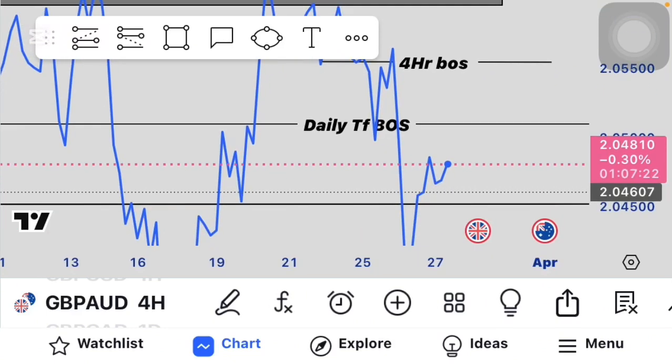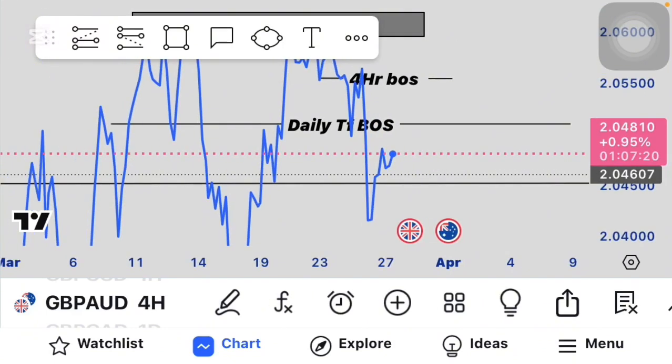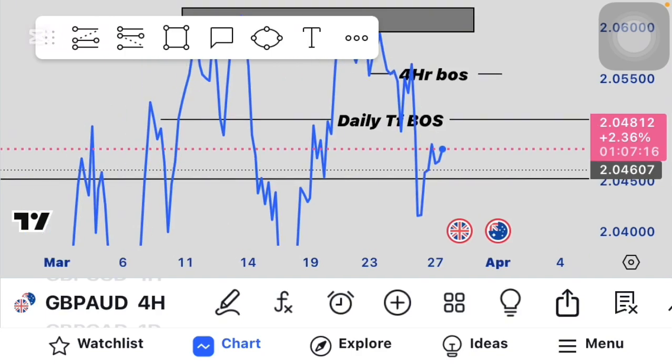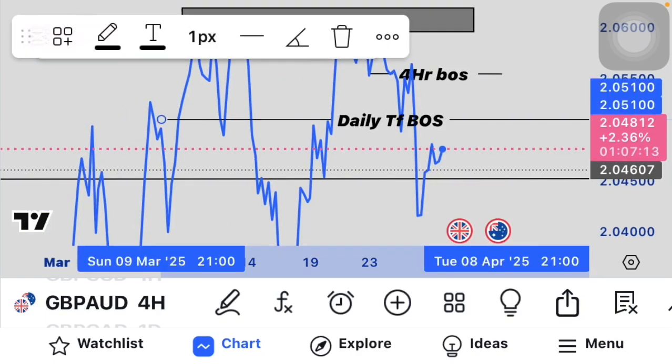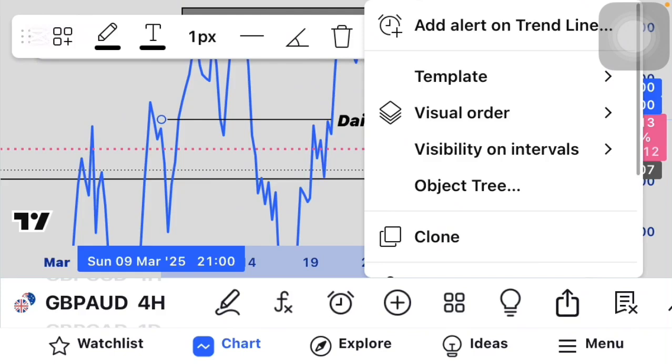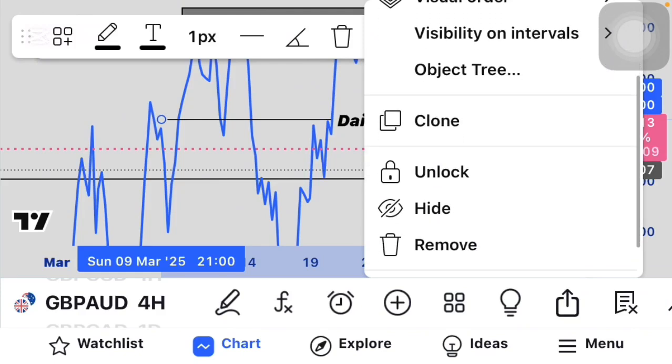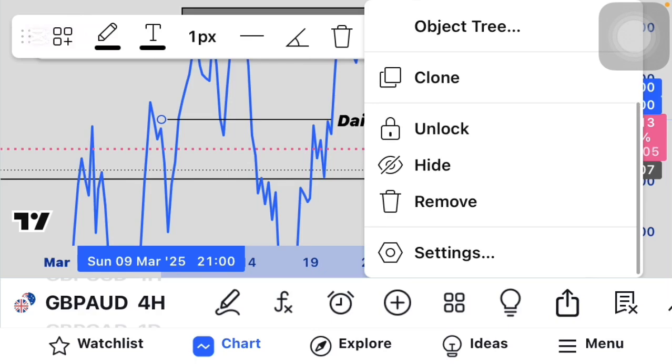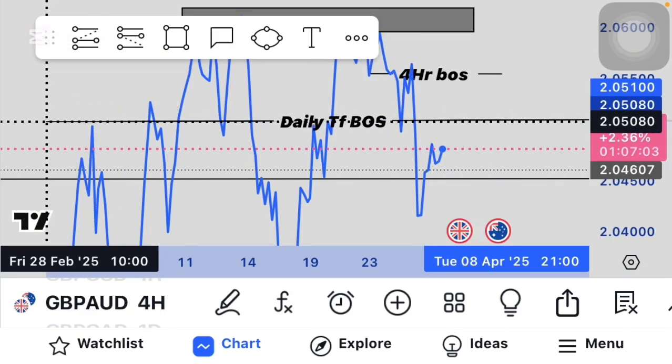So I am looking for my point of interest right now, which is my area of interest on the 4-hour time frame, the place which the market has retested several times in between the previous high and the previous low. So I'm going to show you. Let me extend this here.